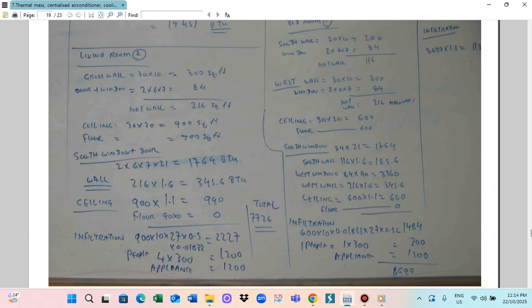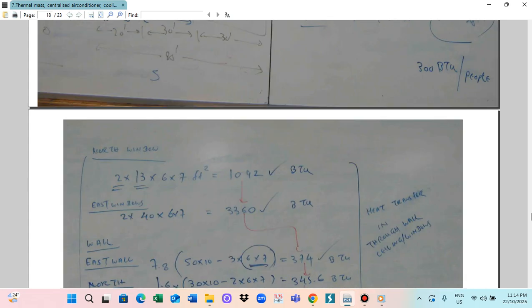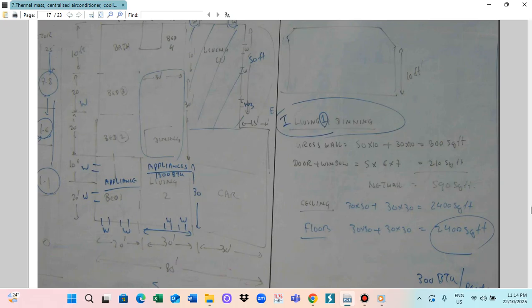And also door and window. In living room 2 we also put the 2 windows here.